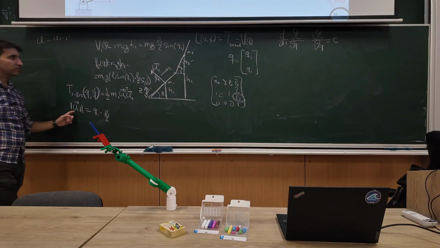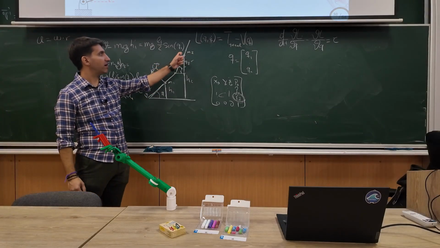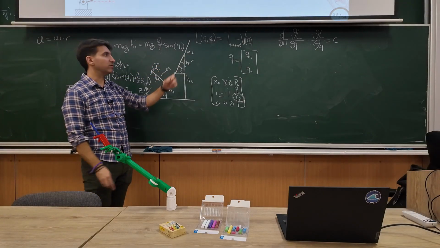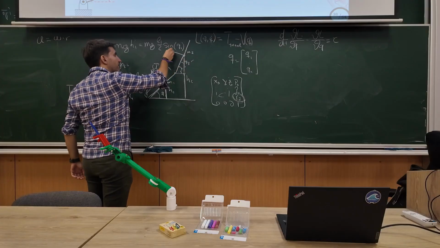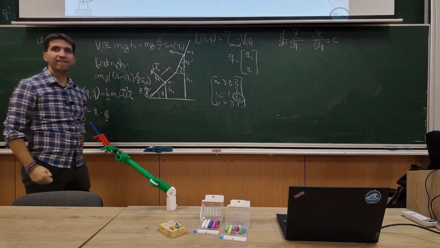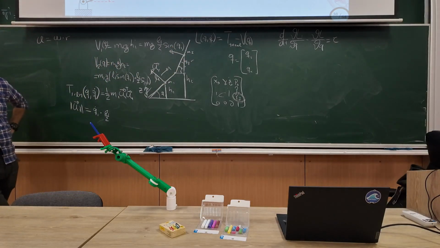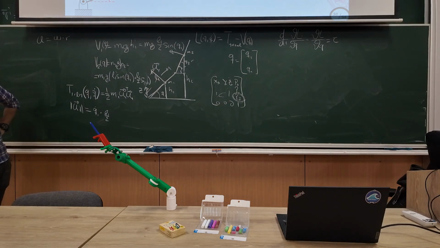We'll get back to vectors in a second. How do I calculate the linear velocity of this one? Similarly, but now I need to take into account also Q1 dot.